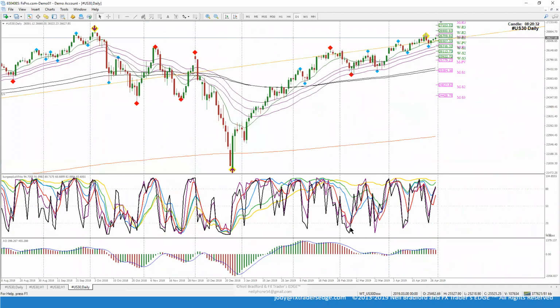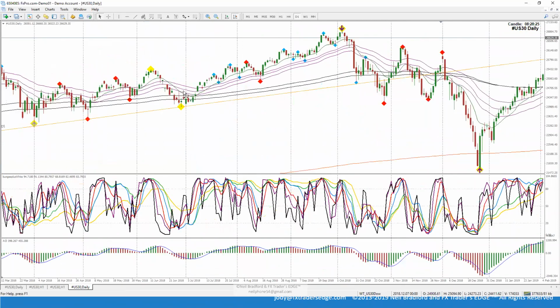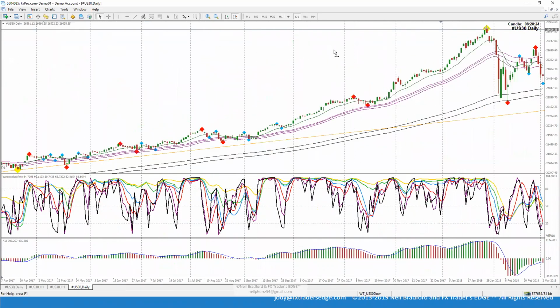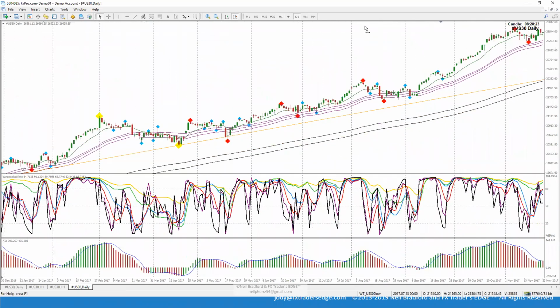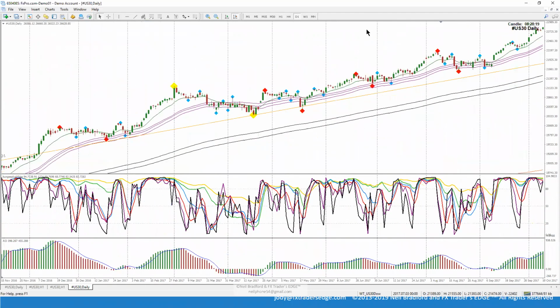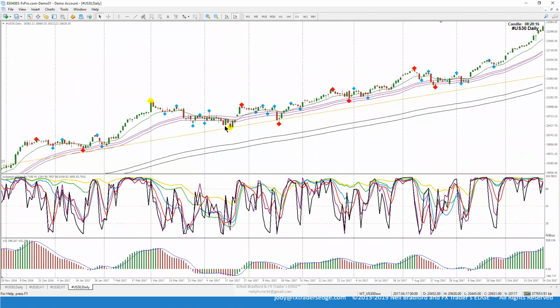Right, so what have we got here? Let me take it off. Let's move back to a point where we don't know what's going on. Oh, look at this move up. You're going to see snapbacks aplenty during this move up, and we'll tackle them one at a time. Right, we've got a stretch away here, a stretch away here.